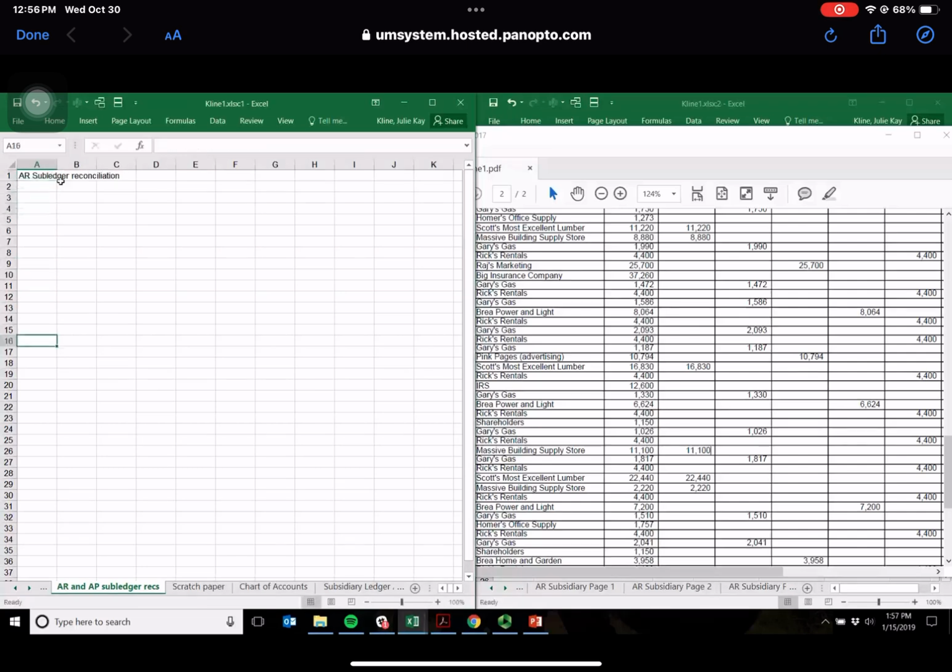I'm going to leave some space. I'm going to come back to that. AP subledger reconciliation. So my AP subledger is going to be Scott's, who have I paid or done business with. Scott's Lumber and Massive Building Supply Store. So I go to my AP balance.